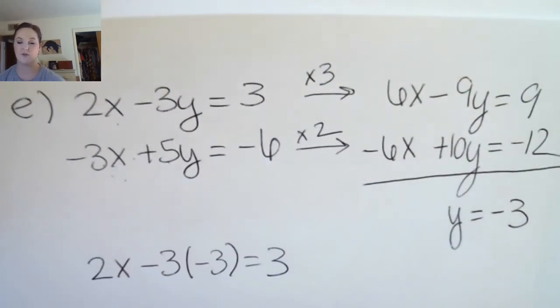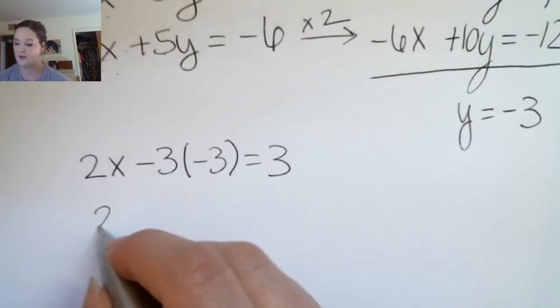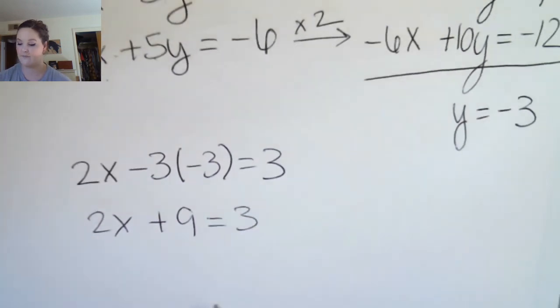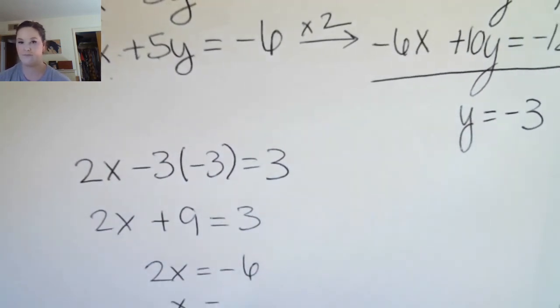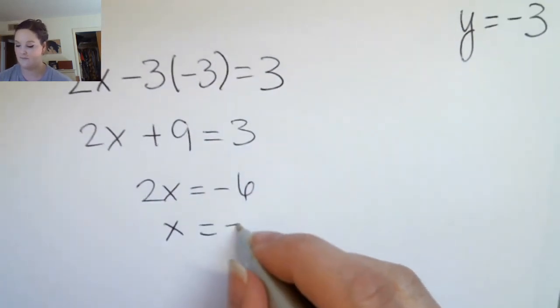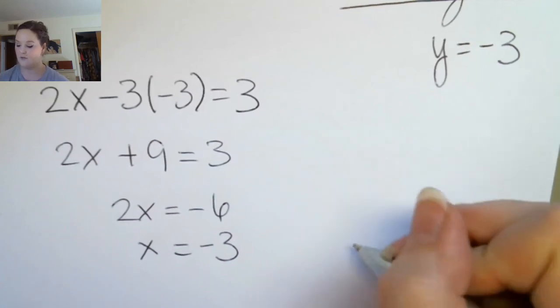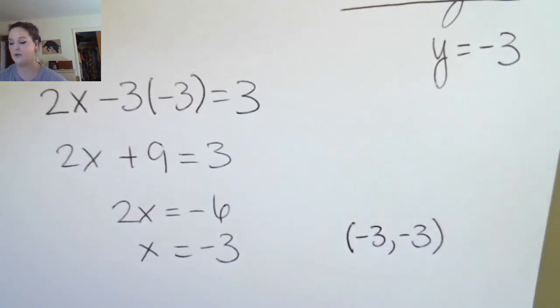I just usually choose the first one unless the second one is much simpler. All right, so I get that x is also -3. So my ordered pair would be -3, -3.